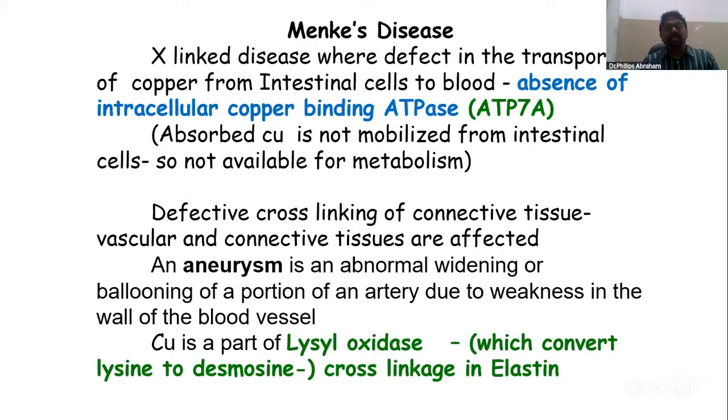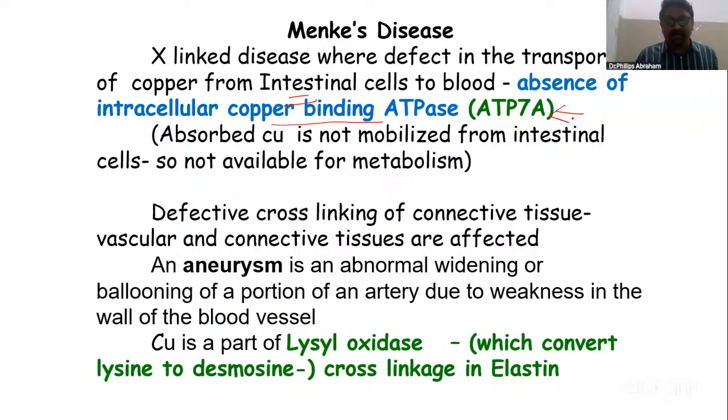Here, there's an absence of copper-binding ATPase in the intestine. Please note, in the intestinal cell, a copper-binding ATPase is absent. That's produced from the ATP7A gene.